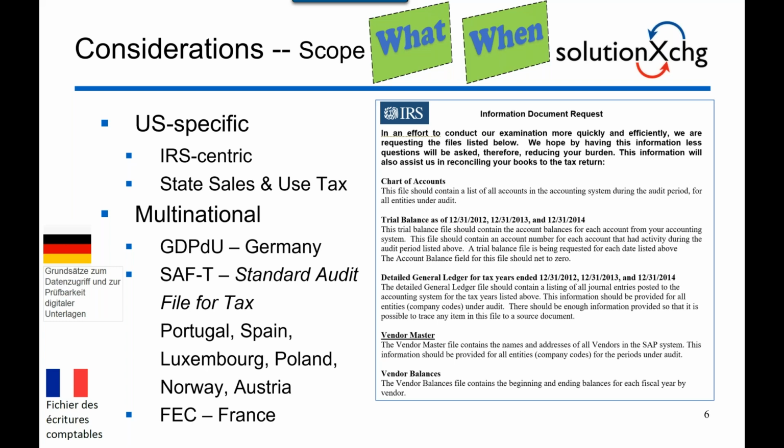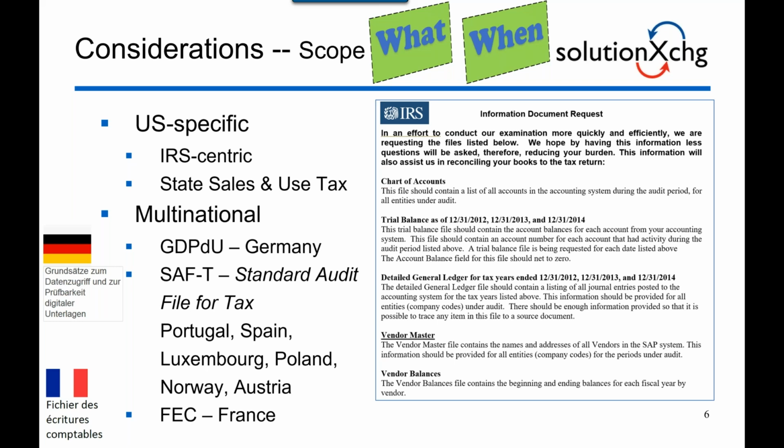The other component of that is in a multinational situation, various countries have instituted their own specific requirements. The SAFT requirement is a specific nature of output, but the approach for Spain's definition of what they require versus Portugal's definition of what they require is only common in the sense that the output format is similar; the methodology and the inputs need to differ, and the verifications need to differ.